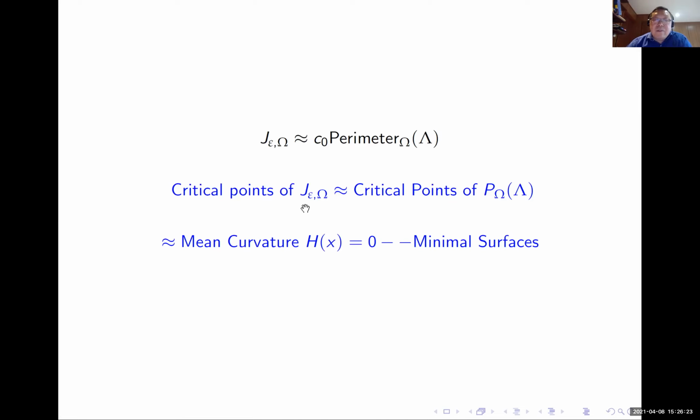So the critical points of J epsilon on omega will be like critical points of the perimeter. We know the critical points of perimeter have zero mean curvature, which are minimal surfaces. So formally, the Euler-Lagrange equation, the Allen-Cahn equation, should correspond to the minimal surface. This is at a formal level.